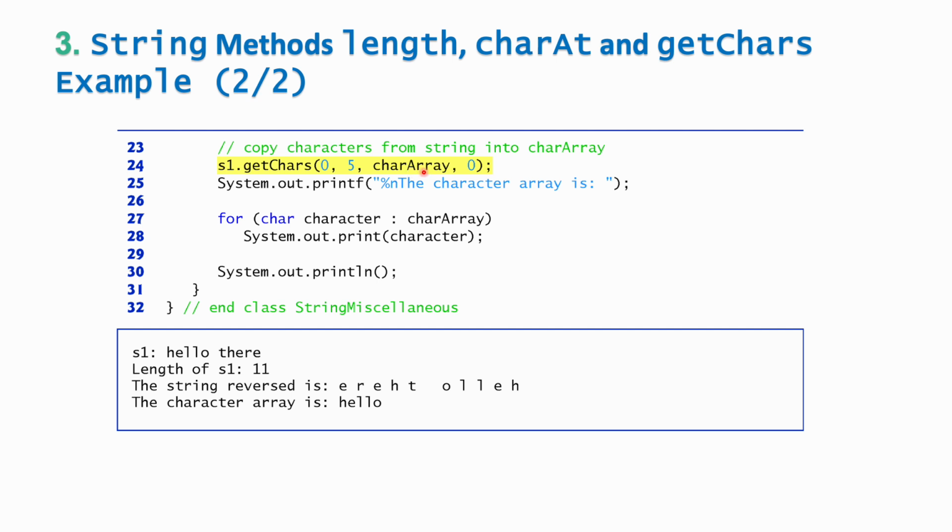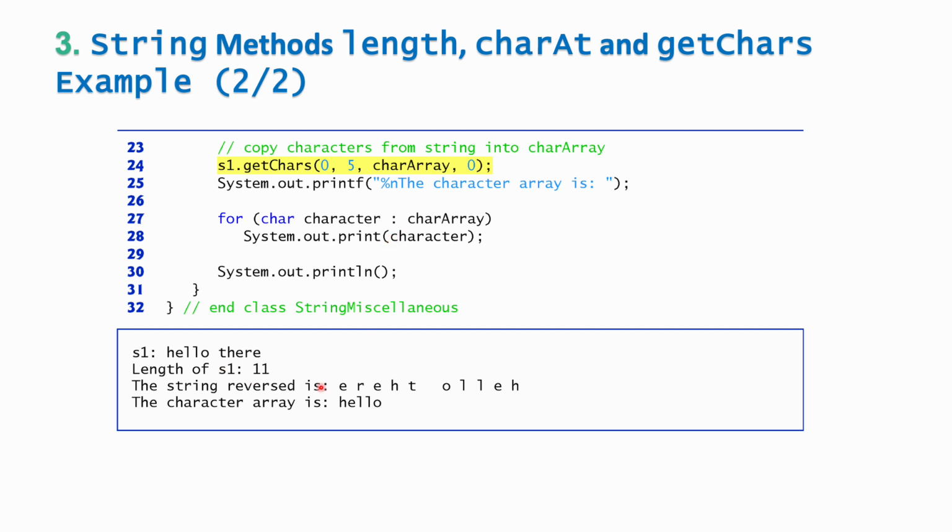Note that charArray has length 5, so we cannot copy more than 5 characters into charArray. Finally, the program uses an enhanced for loop to display the content of charArray after copying.